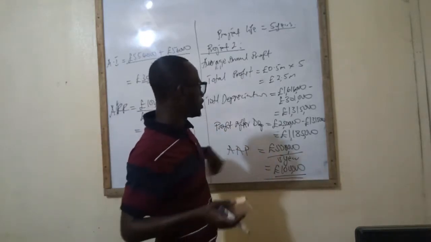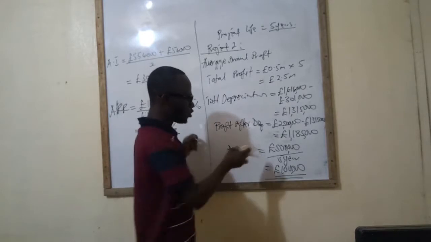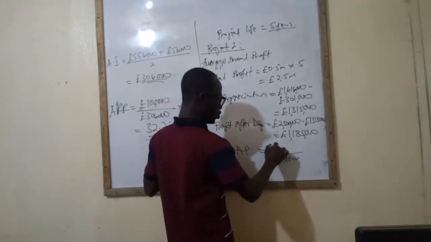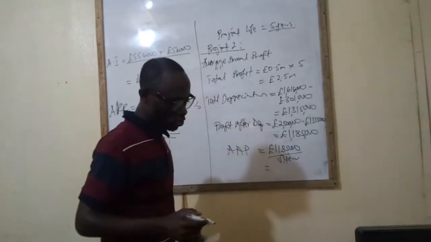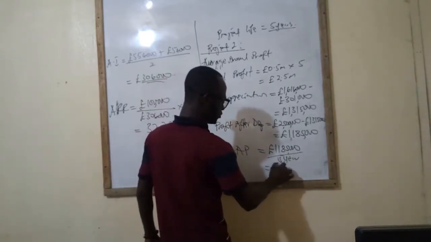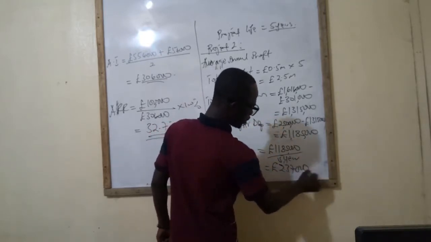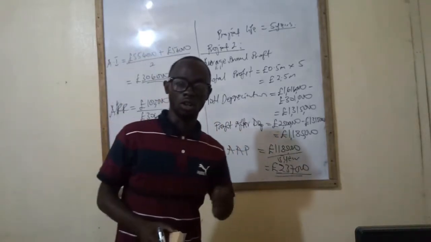But that is just the total profit. We need to calculate the average annual profit. So we're going to divide that figure by 5. So 1,185,000 divided by 5, and that is going to give us 237,000. So the 237,000 becomes the average annual profit.